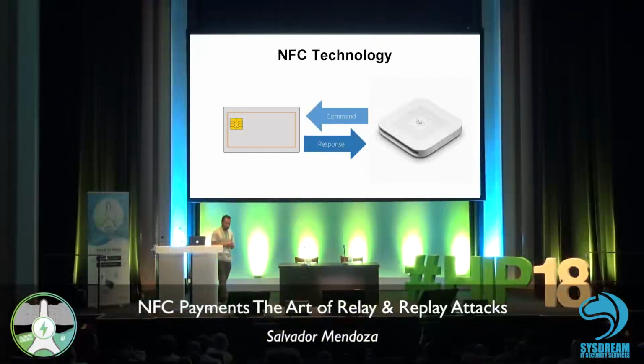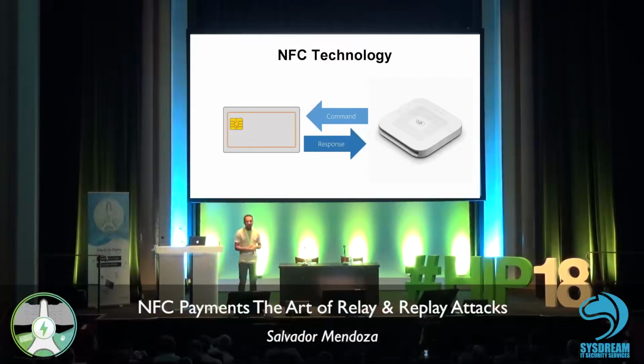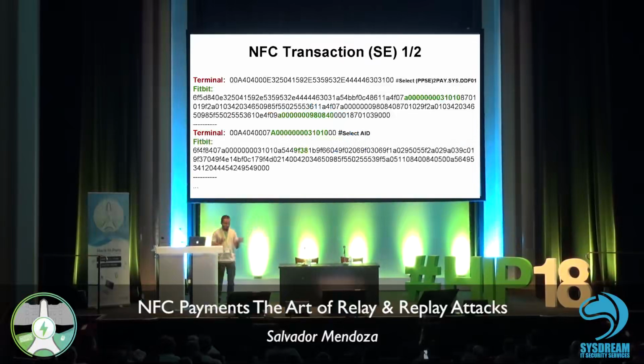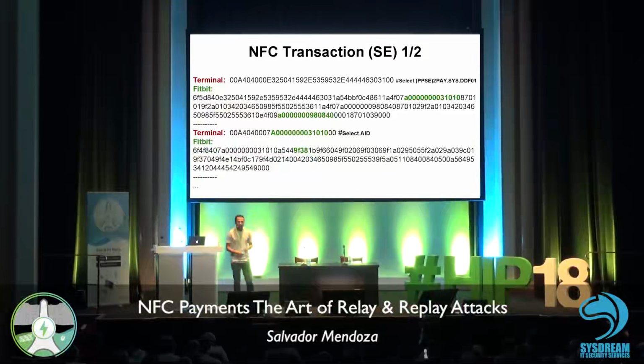Many people are aware of these kinds of transmissions, but they're not really sure how it works. Basically, when you approach a device, an NFC device, to the terminal or point of sale system, that's when the terminal makes a handshake with the device and starts the communication to make the transaction. Just to have in mind, it's like a command: when you're in the shell, you send a command and you get a response from the system.